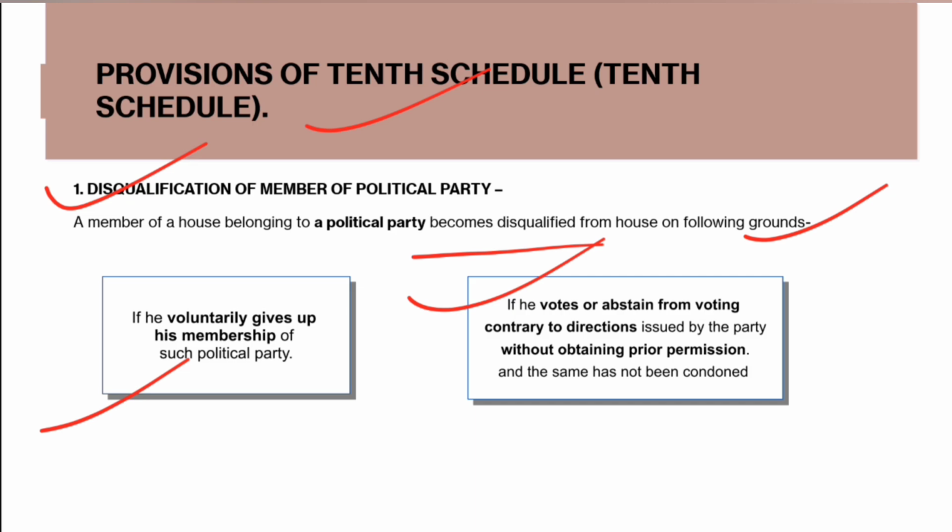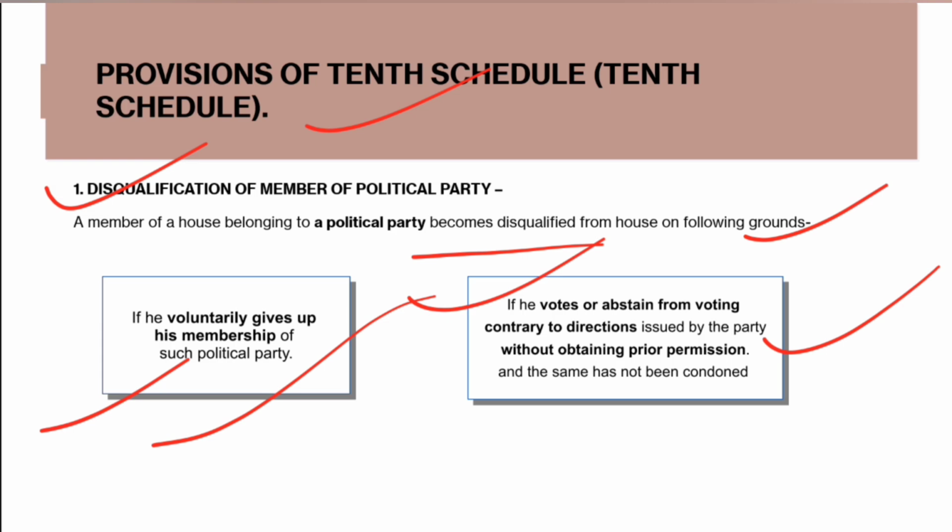And if he votes or abstains from voting contrary to directions issued by the party without obtaining prior permission, and the violation has not been condoned by the party, then defection is attracted. One thing to be remembered is that defection is not automatic.